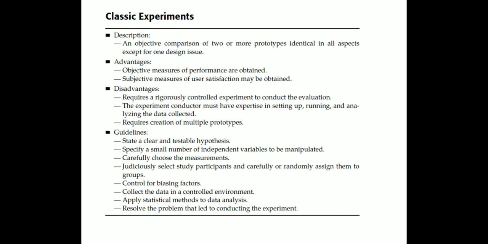Two or more prototypes are constructed and are identical in all aspects except for the design issues that could vary, in type of control or wording of an instruction and so forth. The speed and accuracy measures are then collected and user preferences are solicited.